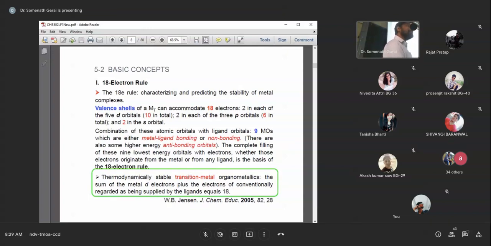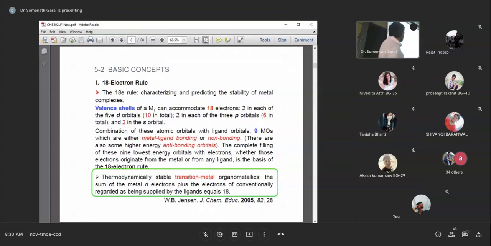Exactly as you said, in the case of participation of all the 5 d orbitals, 3 p orbitals, and one s orbital, altogether the total orbital number is 5 plus 3 plus 1. How much? 9. So then you can expect the 18 electron rule has to be followed. But if the complex has such a geometry that a particular orbital is not participating at all, for example square planar geometry, then the number will come down to 16.